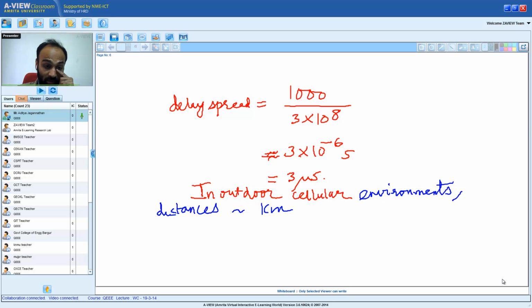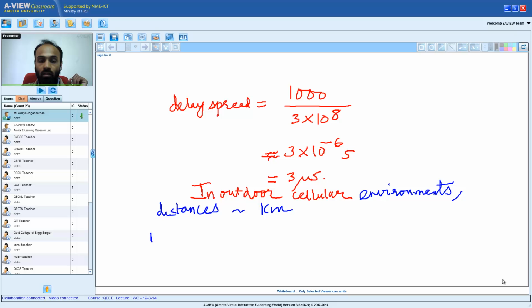Therefore, the delay spread, which is not inversely proportional to distance, but is distance divided by the velocity of light. So in that sense, it is directly proportional to the distances or the differences of distances, that is basically of the order of microseconds.